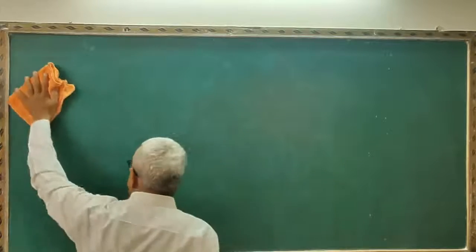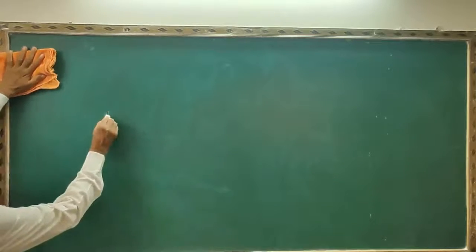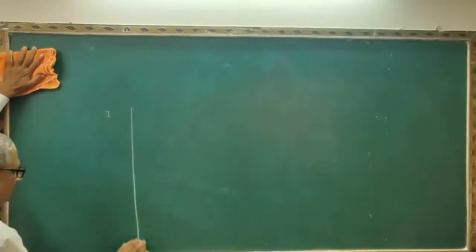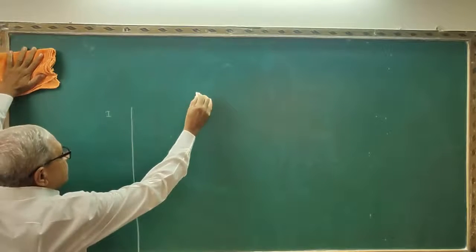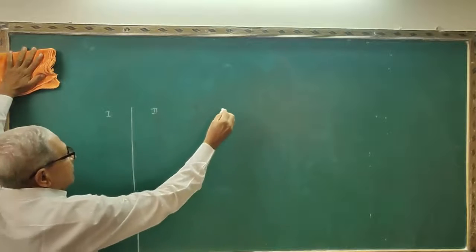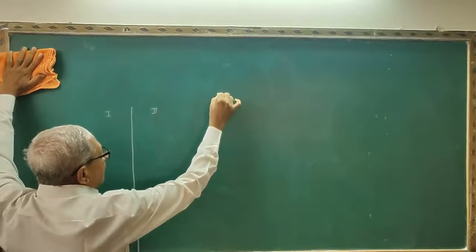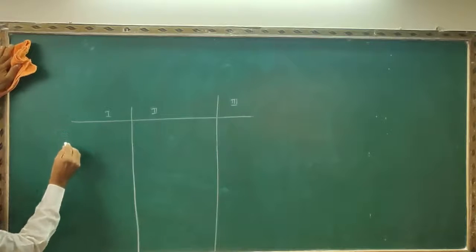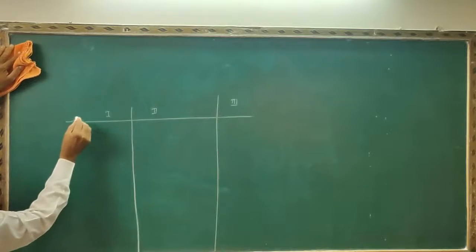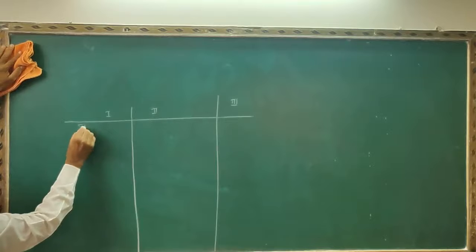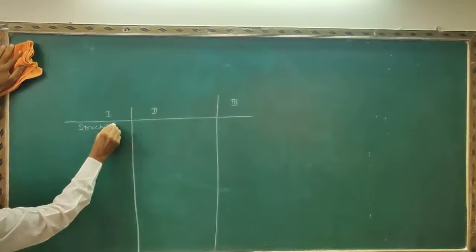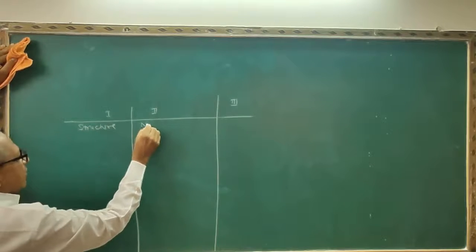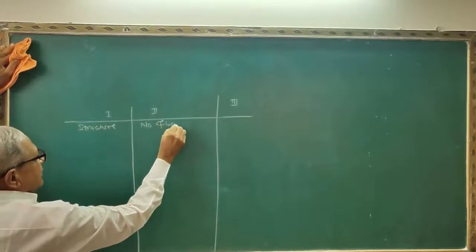Now see the point here. This is your column first, this is your column second and this is your column third. And I will prepare here the points. Column first is compound or structure. Second is number of benzylic carbon.